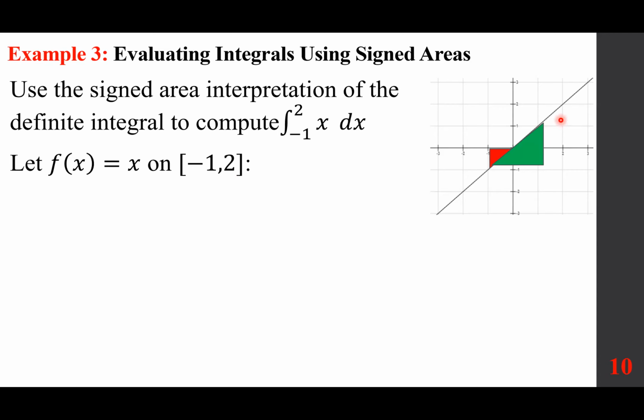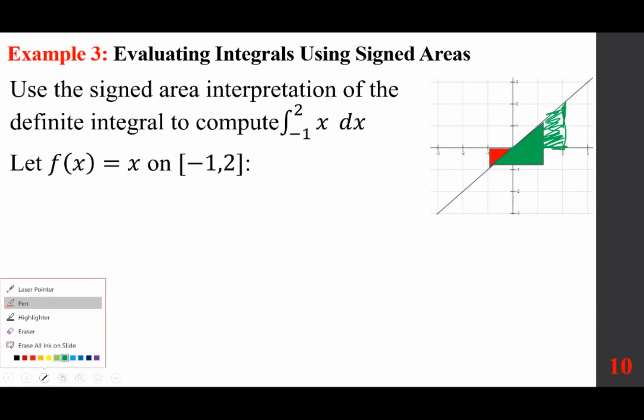I thought I had moved it, so we will fix it in a moment. But this has to go up. In other words, the green portion is this part, not this part.